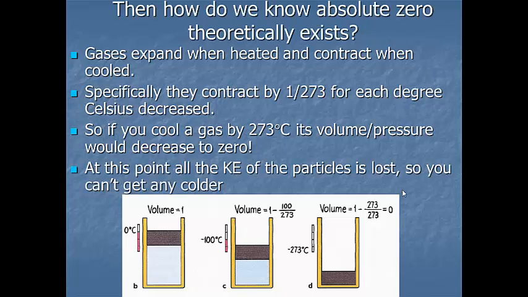But this is how we know that absolute zero theoretically exists. At this point, all of the kinetic energy of the particles is lost, so you can't get any colder. So again, we know that absolute zero theoretically exists because you can actually decrease the volume of something, but it's not possible to decrease it all the way to 0.